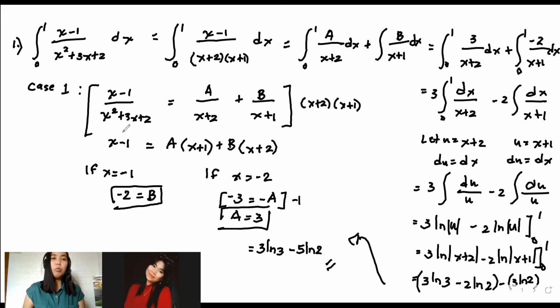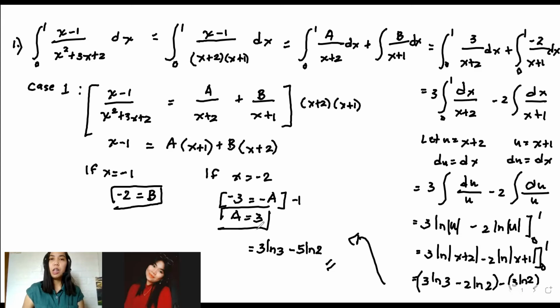If x is negative 2, you're going to substitute here. Negative 2 minus 1 is negative 3. Negative 2 plus 1 is negative 1 times A, so negative A. And this will be canceled because negative 2 plus 2 is 0. So you will have negative 3 equals negative A. To find the value of A, multiply both sides by negative 1.